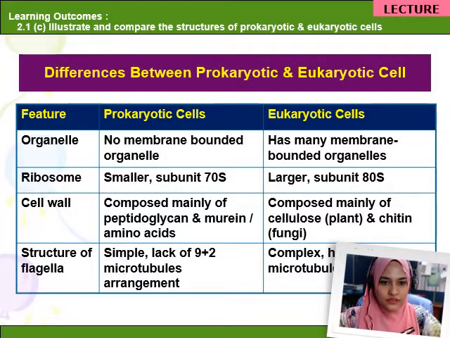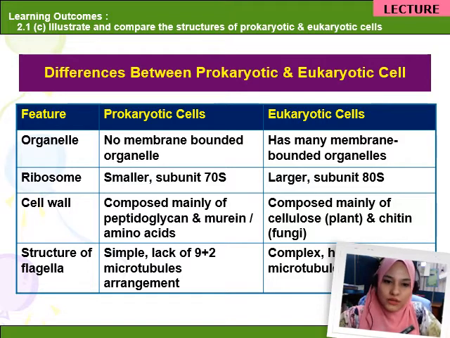Other differences between prokaryotic and eukaryotic cells are in terms of organelles. Prokaryotic cells have no membrane-bounded organelles, while eukaryotic cells have many membrane-bounded organelles, including chloroplasts and mitochondria. Another difference is in terms of ribosomes. Prokaryotic cells have smaller ribosomes compared to eukaryotic cells.